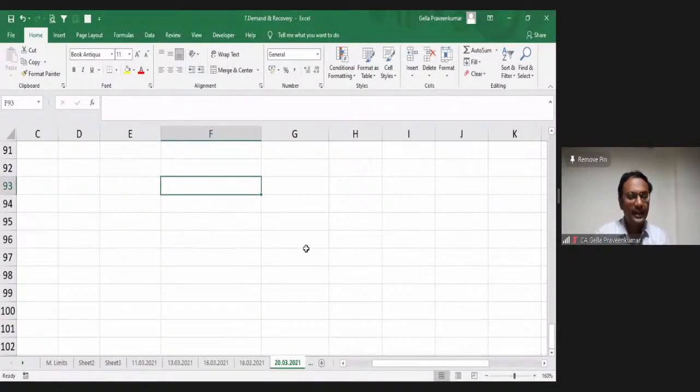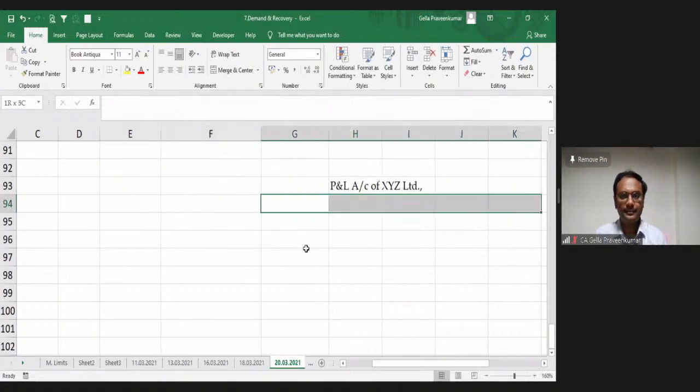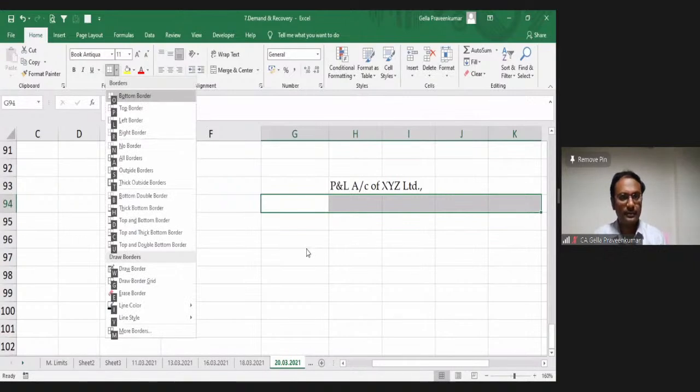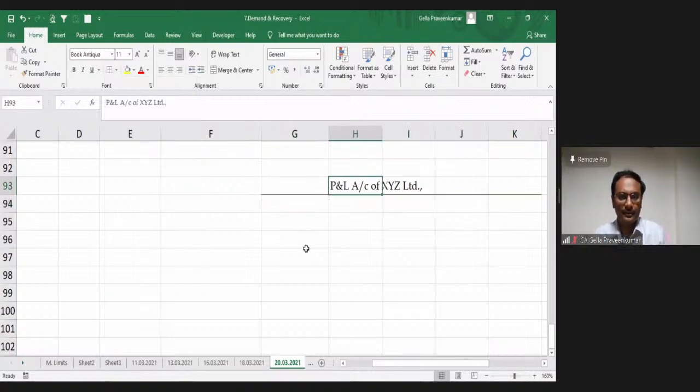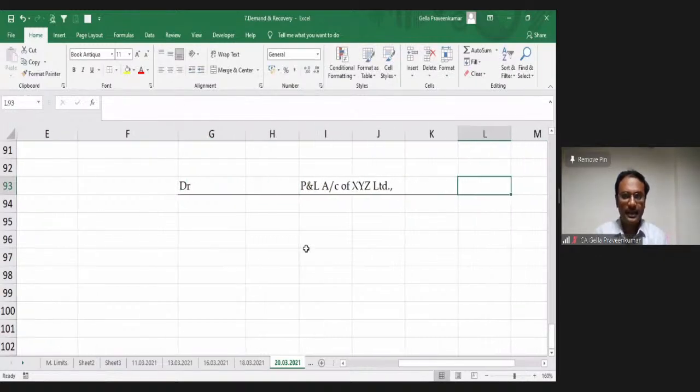Now, when I draw my profit and loss account, so this is the debit side and this is my credit side.